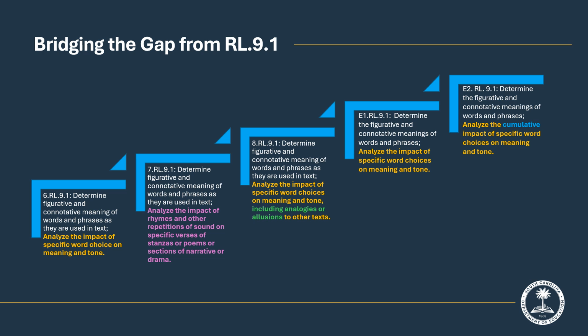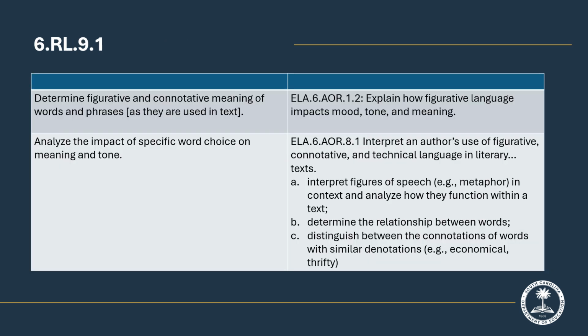In green, you see specific language that entered in 8th grade but was not added to or built upon until later grades. Parts of RL 9.1 for 6th grade align with parts of AOR 1.2 and AOR 8.1.